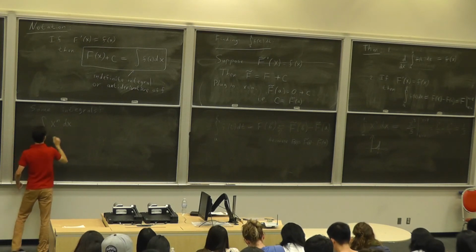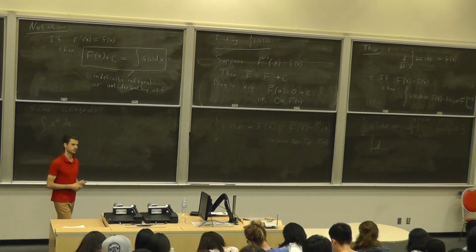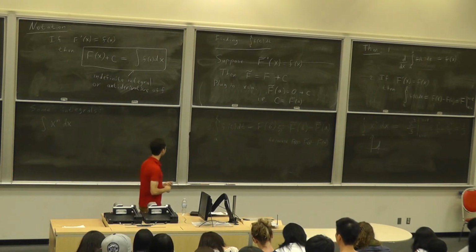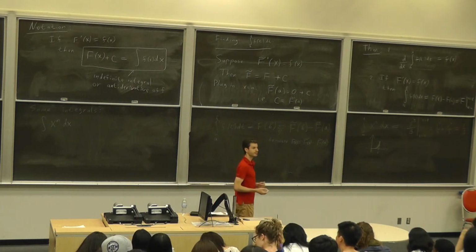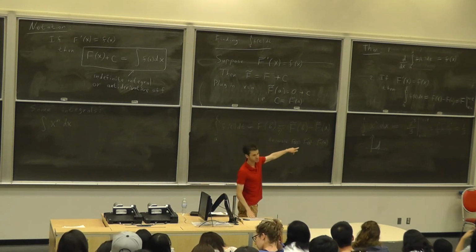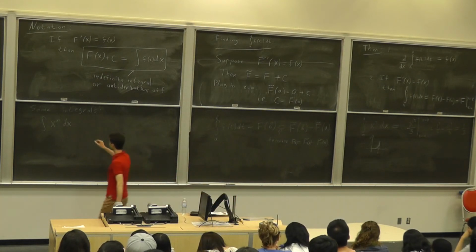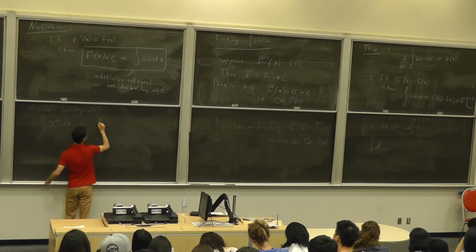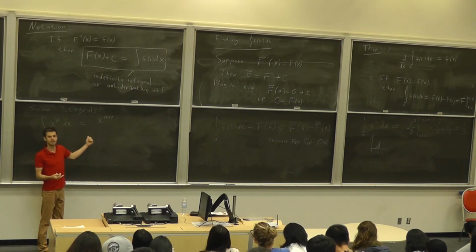First, the integral of x to some power. So we are trying to find a function whose derivative is x to the power n. Well, it's exactly the same task as it used to be for x squared. So we know the derivative of x to the power n plus 1 is n plus 1 times x to the power n.